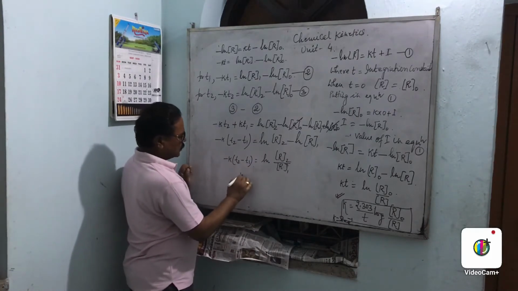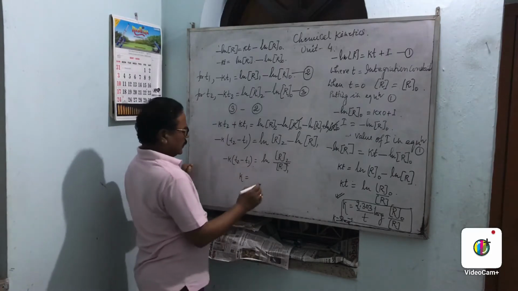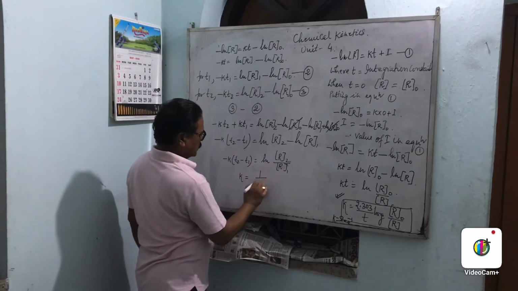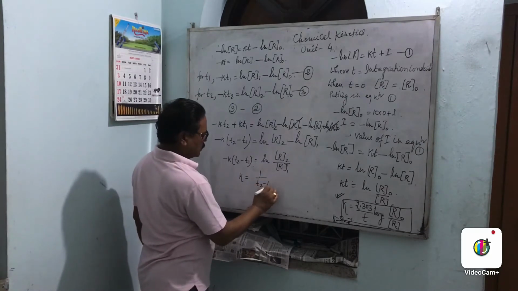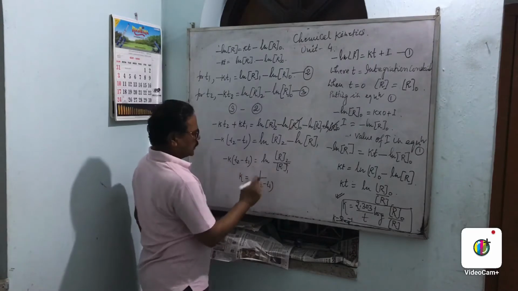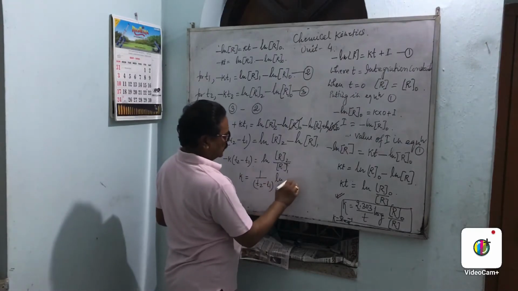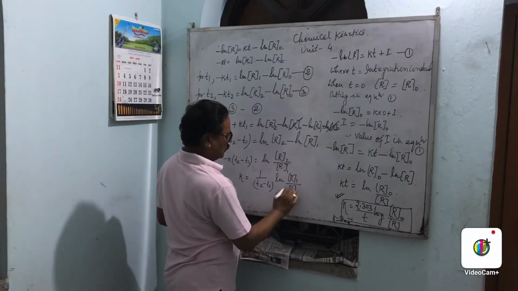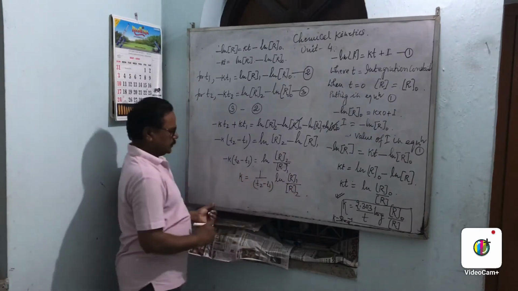So k is equal to, this can be written as minus 1 by (t2 minus t1) ln R2 by R1, and there is a negative sign, so again we can write it as ln R1 by R2 due to this negative sign.